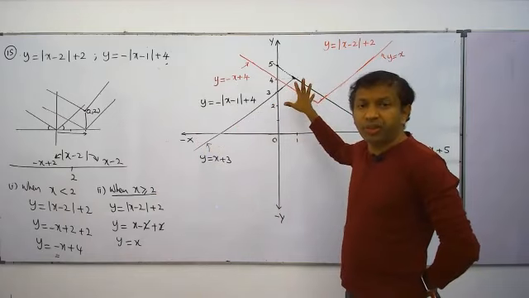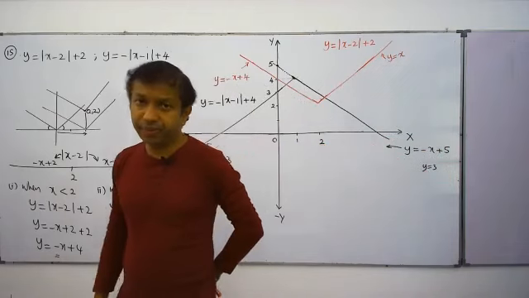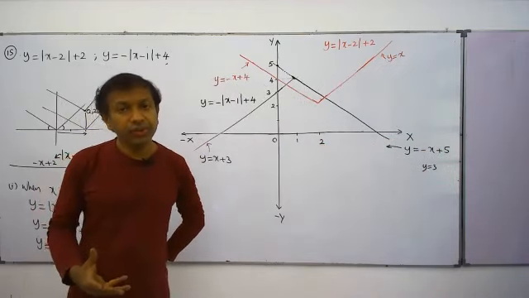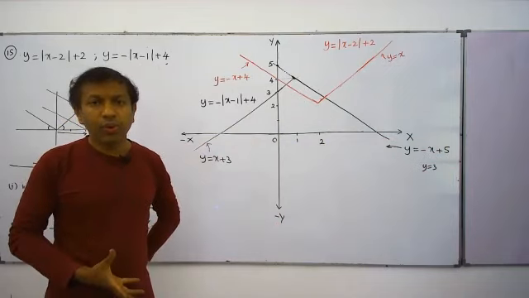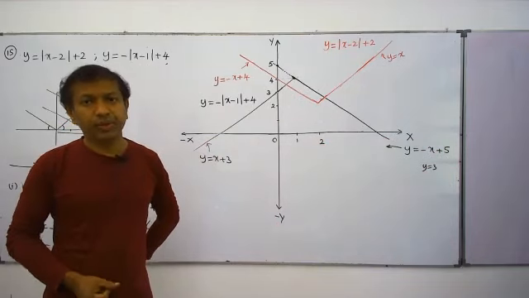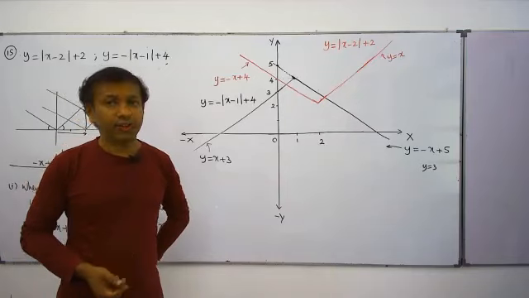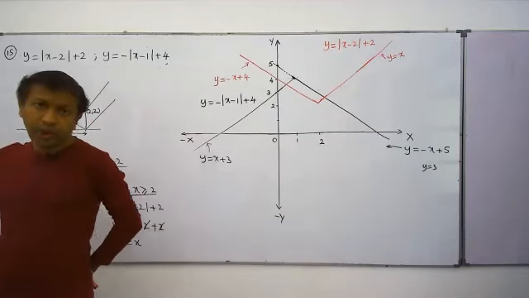Using these two graphs only, we have to give that answer. That's the meaning of hence. The results you have obtained so far in the question should be used to get the next answer. That's the meaning of hence. Understood? Right. Okay, let's see, people, how to get the next answer.